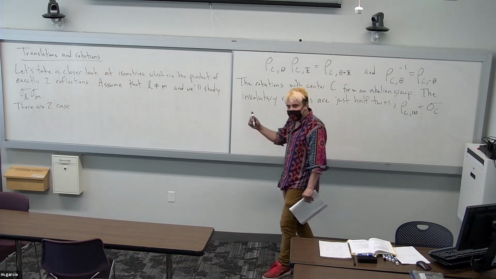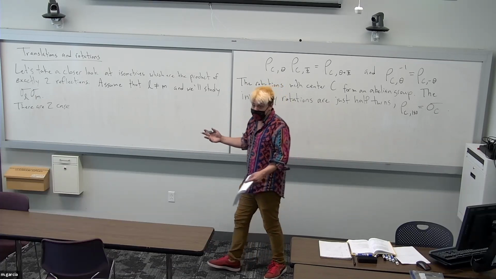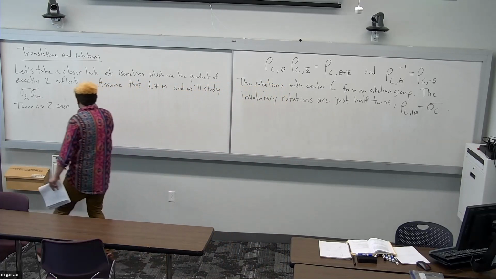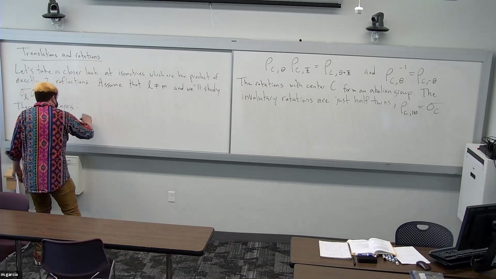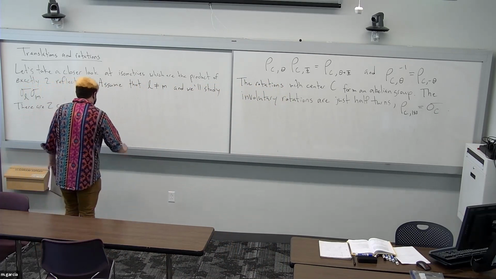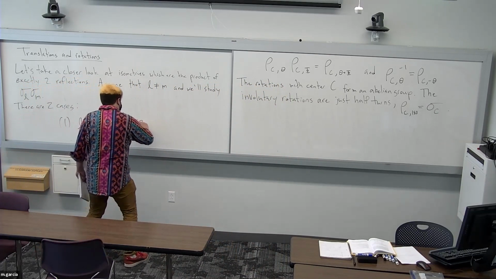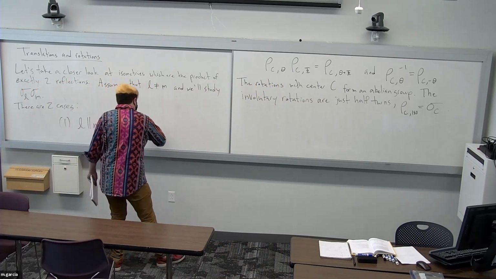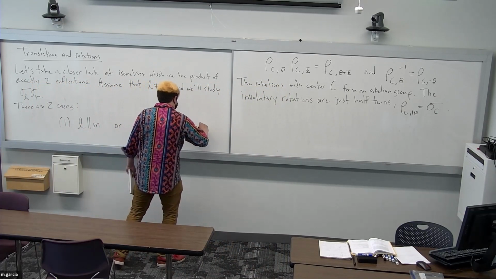Yeah, either M and L are parallel or they're not parallel. They intersect somewhere. Okay? There are two cases. One, L is parallel to M, or two, L and M intersect.